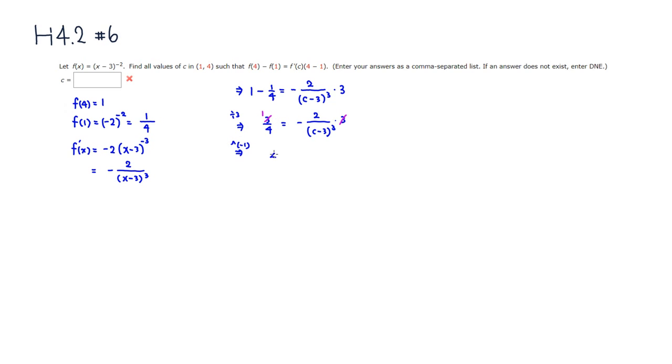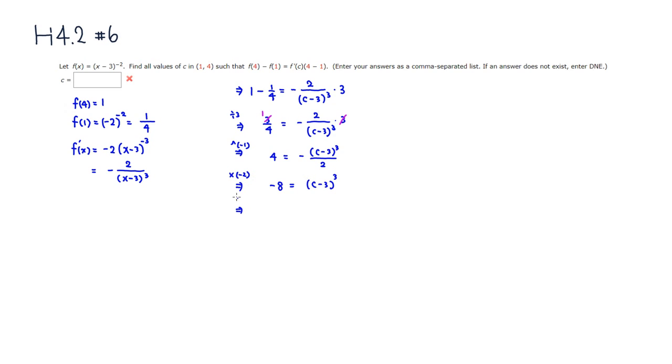So 4 is equal to c minus 3 cubed over negative 2. Then we multiply both sides by negative 2, so we have negative 8 is equal to c minus 3 cubed.